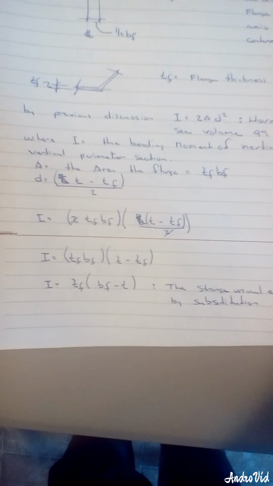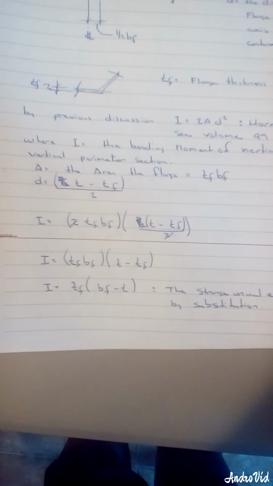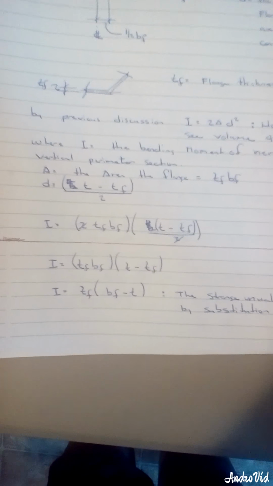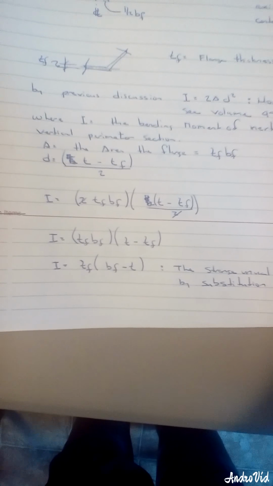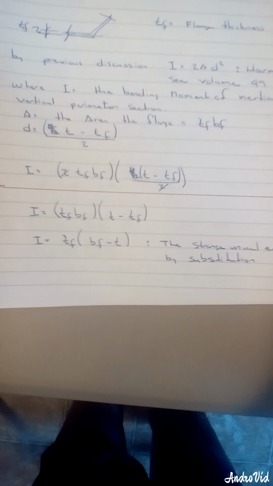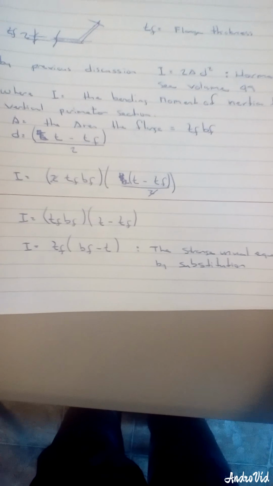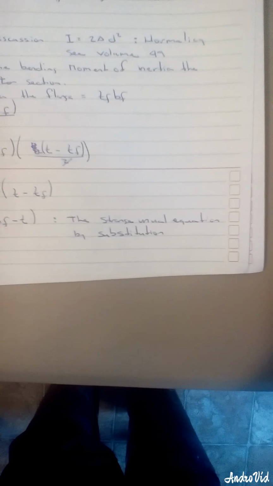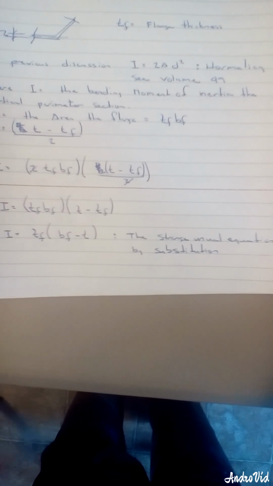So then through substitution, we have I equal to t sub f b sub f times the quantity t minus t sub f divided by 2, and then I equals t sub f b sub f multiplied by t minus t sub f. The 2's cancel out there. We have I then equal to t sub f multiplied by the quantity b sub f minus t, and that's the unusual equation by substitution that either someone has or has not seen before.